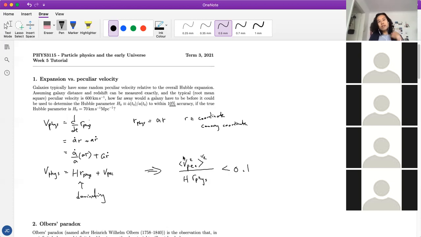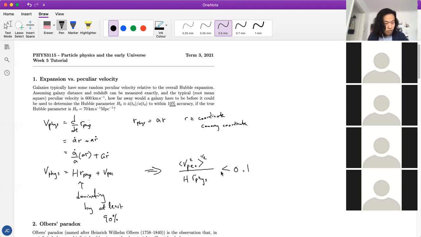So if I'm standing somewhere and I'm looking around and the peculiar velocity compared to the Hubble flow is less than 0.1, then this is going to be dominated by at least 90%. So when I observe some physical velocity, then I know within 10% certainty that the majority of this is going to be contributed by the Hubble flow component. So this is going to be a condition to allow us to measure this within 10% accuracy.